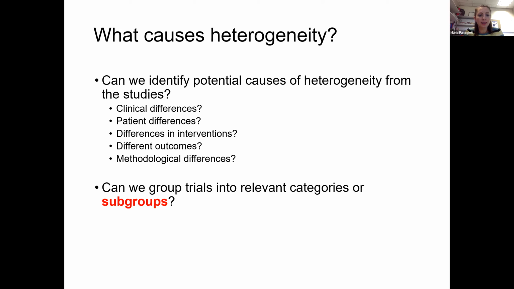But apart from this standard analysis, you can think about clinical differences, intervention differences, patient differences, differences in outcomes. For example, you might have 10 trials in your analysis, 7 of them using the same scale, 3 of them using a different scale.